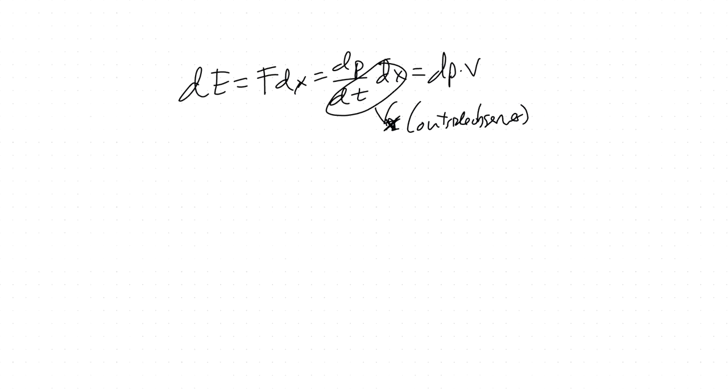So what we can do is say, okay, from this, and honestly, I'm not sure if I want to do this, if you have d gamma mc squared equals dp v, and you notice that this gamma is 1 over the square root of 1 minus v squared over c squared.